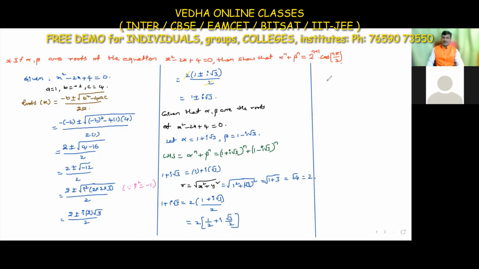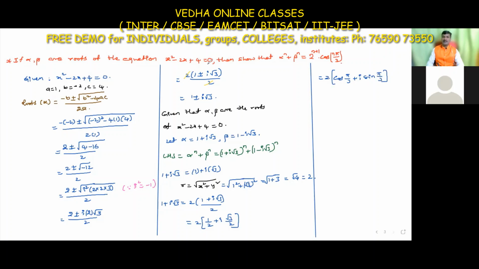In this, the 2 outside is as it is. Converting into modulus amplitude form, we get 1 by 2 is cos theta, cos 60 degrees, that is pi by 3, plus i into sin 60 degrees, sin pi by 3.